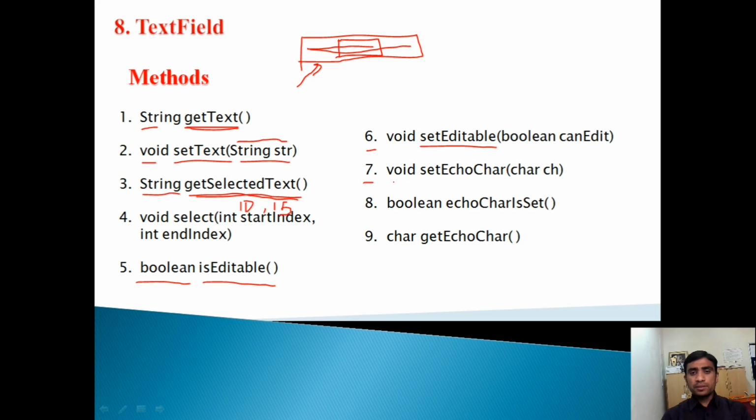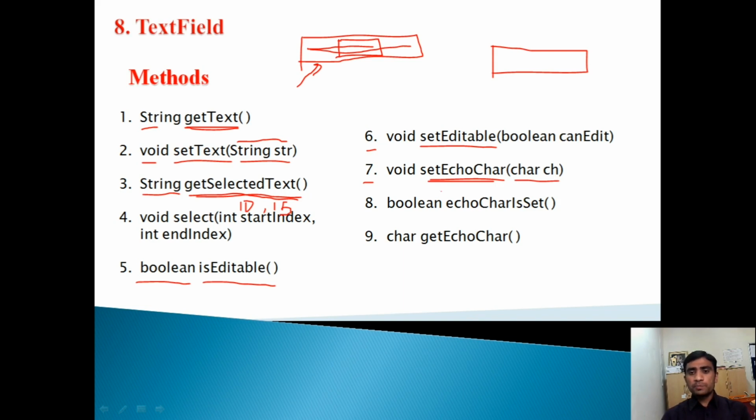The seventh method is void setEchoChar, with a character in brackets. Now if you want to use this text field for entering a password, whenever the user enters a password, we generally do not show the actual password characters, so we set some particular echo character for the password field.